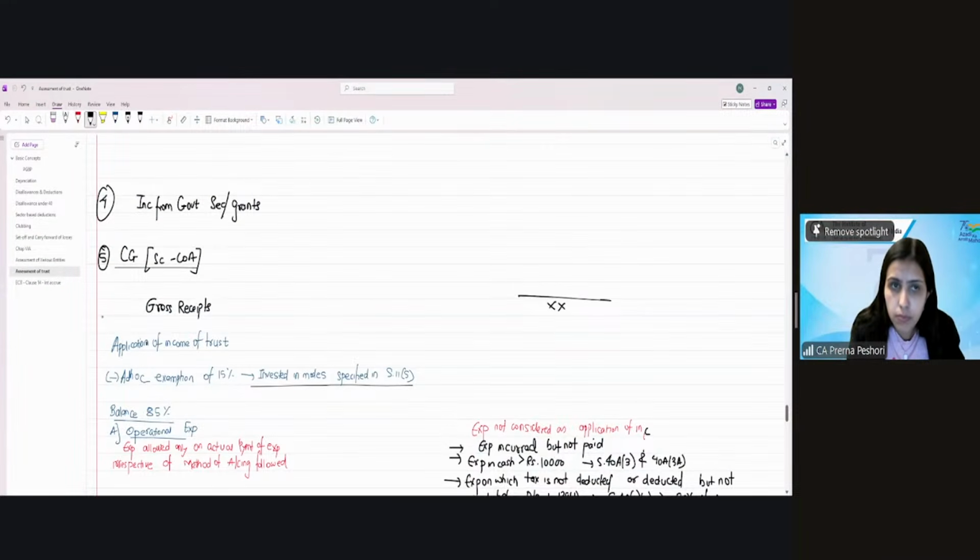Now from this, how will you consider the application of income? That is the question that we need to understand, right? So just write it down over here.